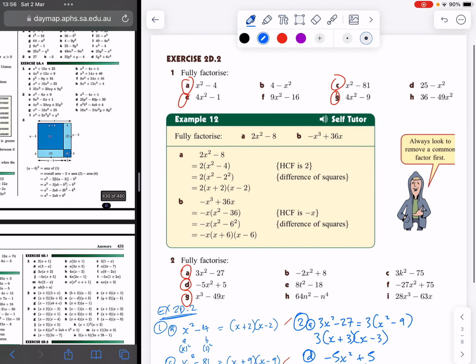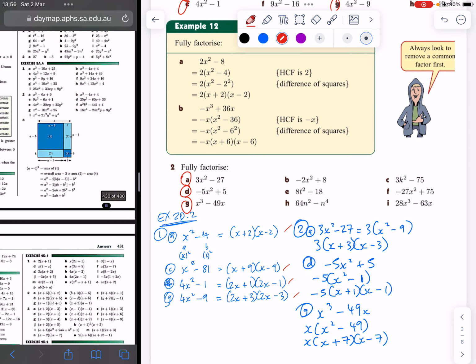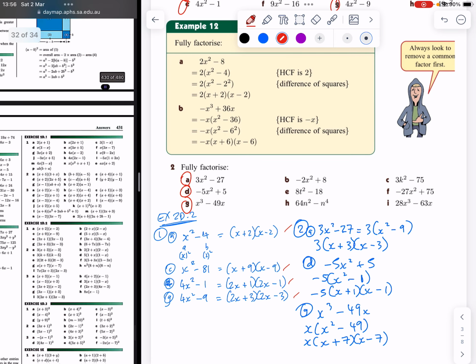Let's check those answers now. 2D.2, 1A, I already checked. 2A, 3 lots of x plus 3, x take 3. D, 5 bracket 1 plus x, 1 take x.